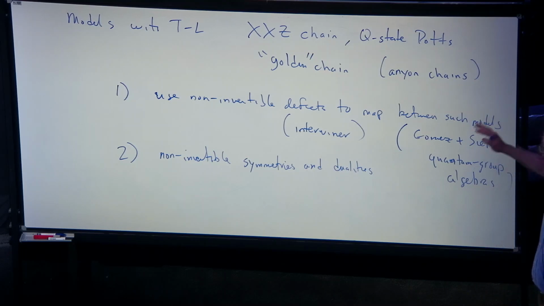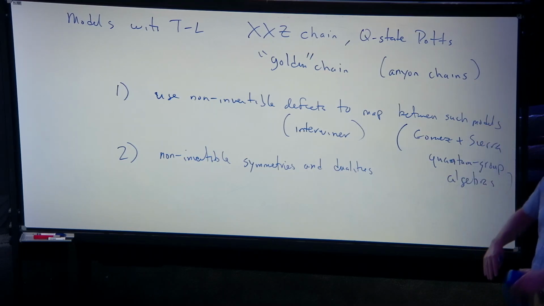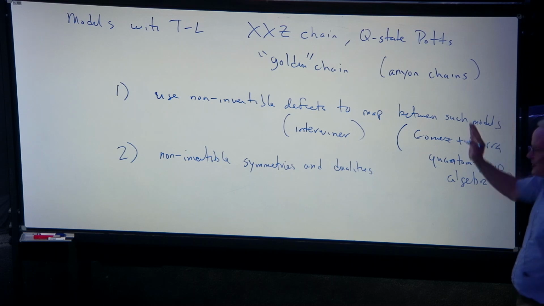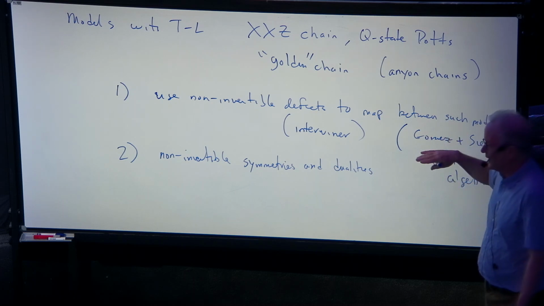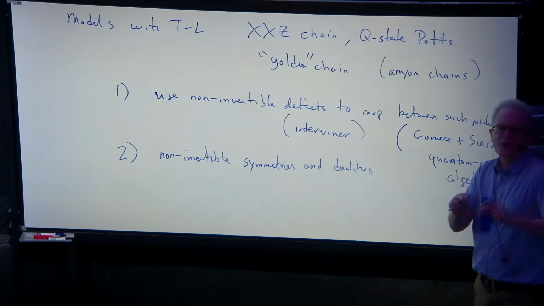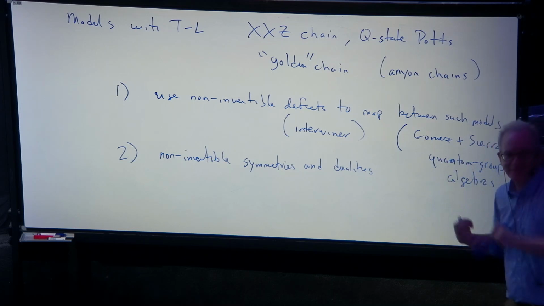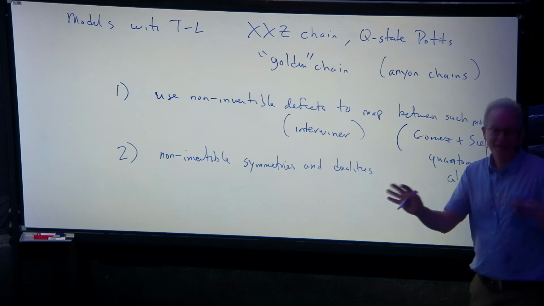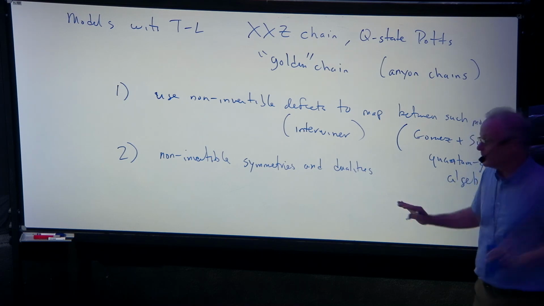So anyway, there was a whole huge story in the 80s about quantum groups and lattice models. Fascinating story, all sorts of amazing things were learned. It turns out there's a lot of structure to quantum group algebras that we don't need for what I'm going to talk about. So I'm not going to bring this up, but it's important.